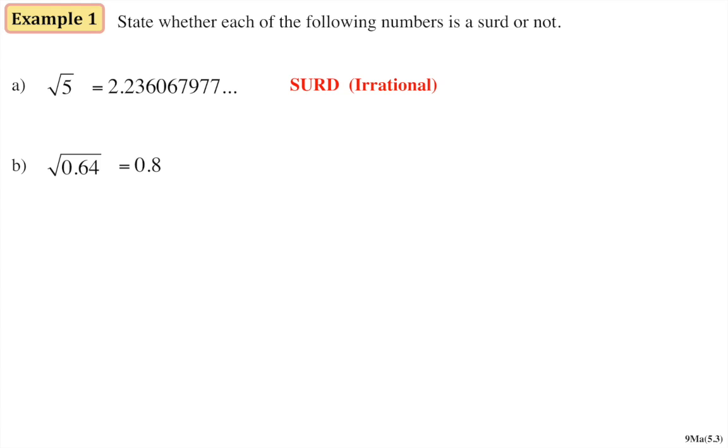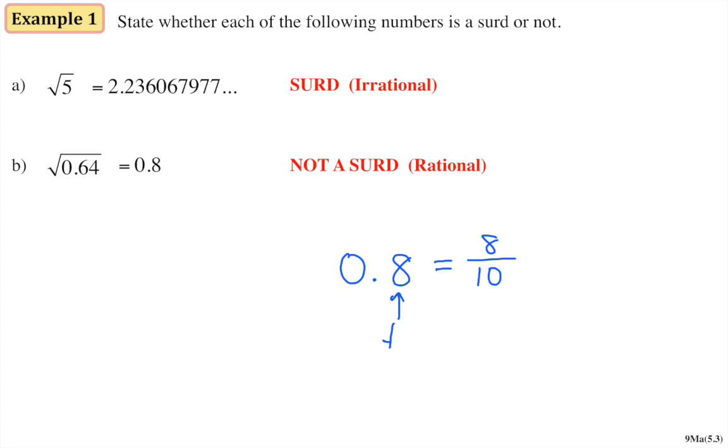The square root of 0.64, try that on your calculator and it's 0.8. Hey, that's a decimal that doesn't continue forever, which means that's not a surd. That's rational, and the reason it's rational is 0.8 is the same as 8 over 10, because that's the tenths column with decimals. So that can be written as a fraction.